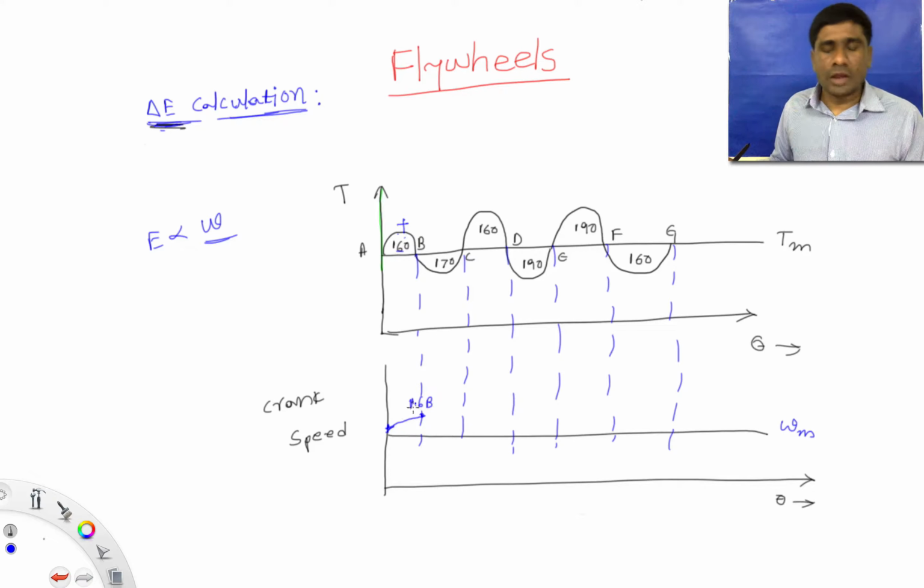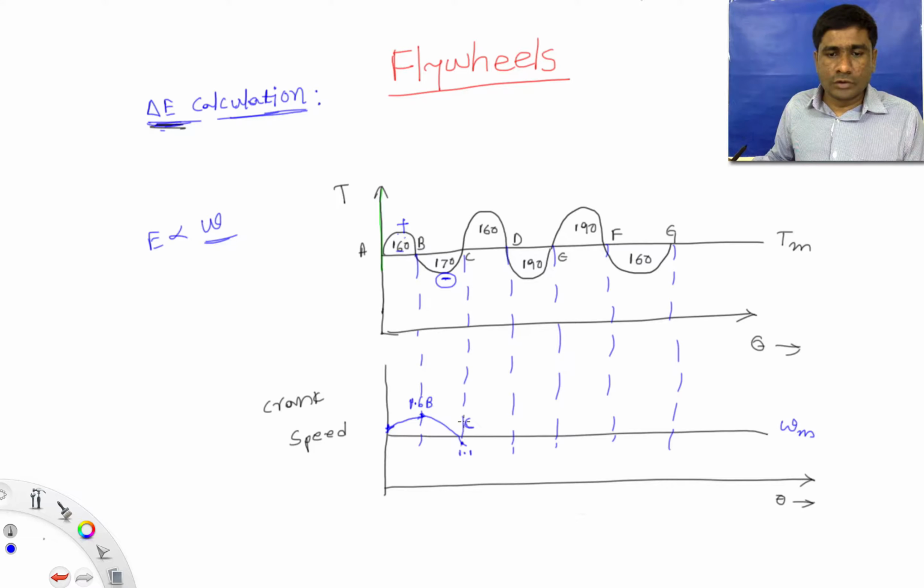I divided by 100, and omega is proportional to E. And this is the energy deficit area. So at point C, 1.7 should be subtracted from 1.6, so that means it's omega m minus 0.1. This 0.1 is coming like this.